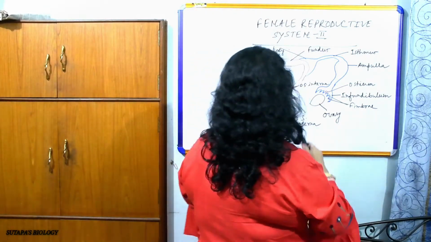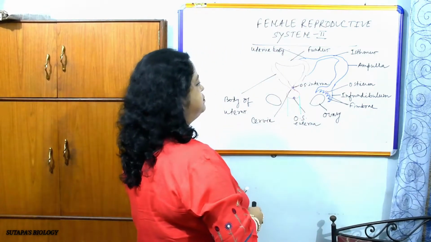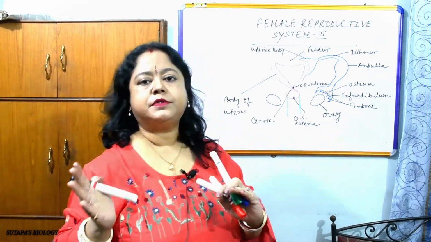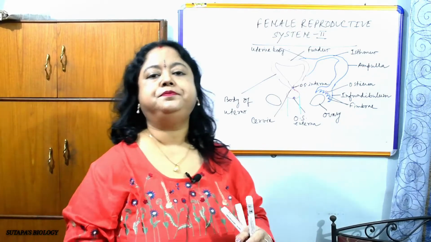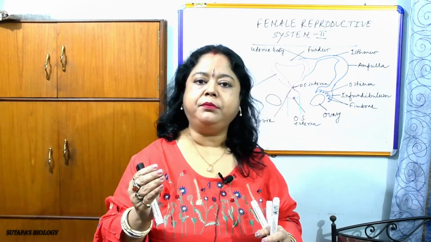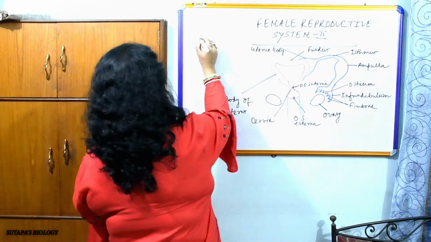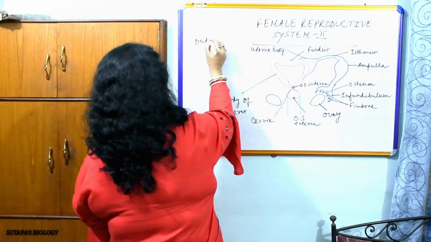I have already told you that in this part the implantation takes place, and there are three layers of the uterus, starting from outside to inside: perimetrium, myometrium, and endometrium. Three concentric layers.